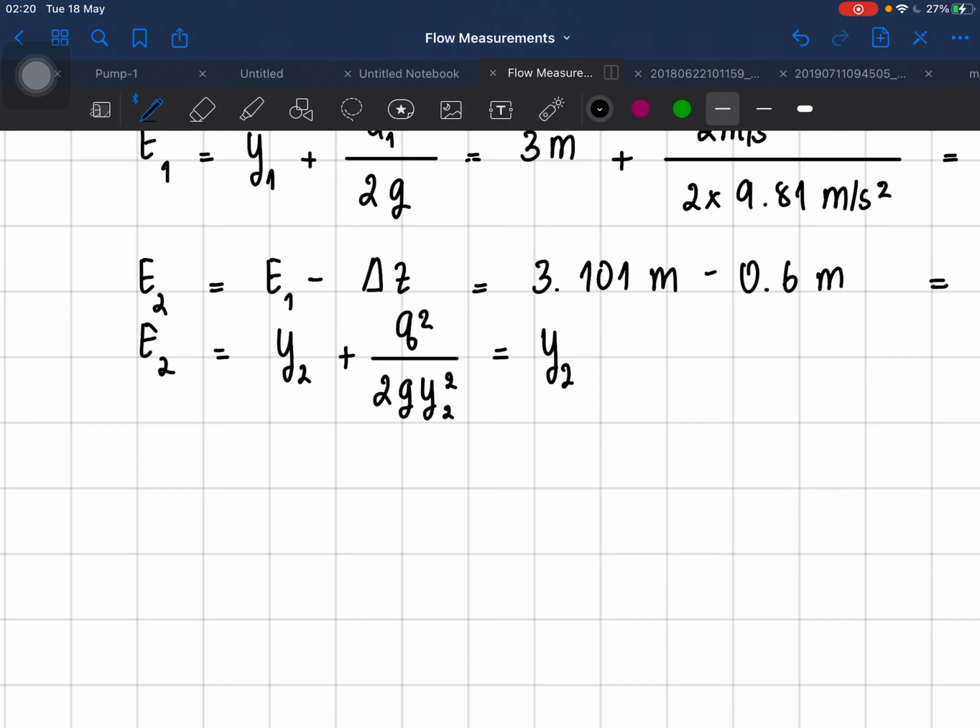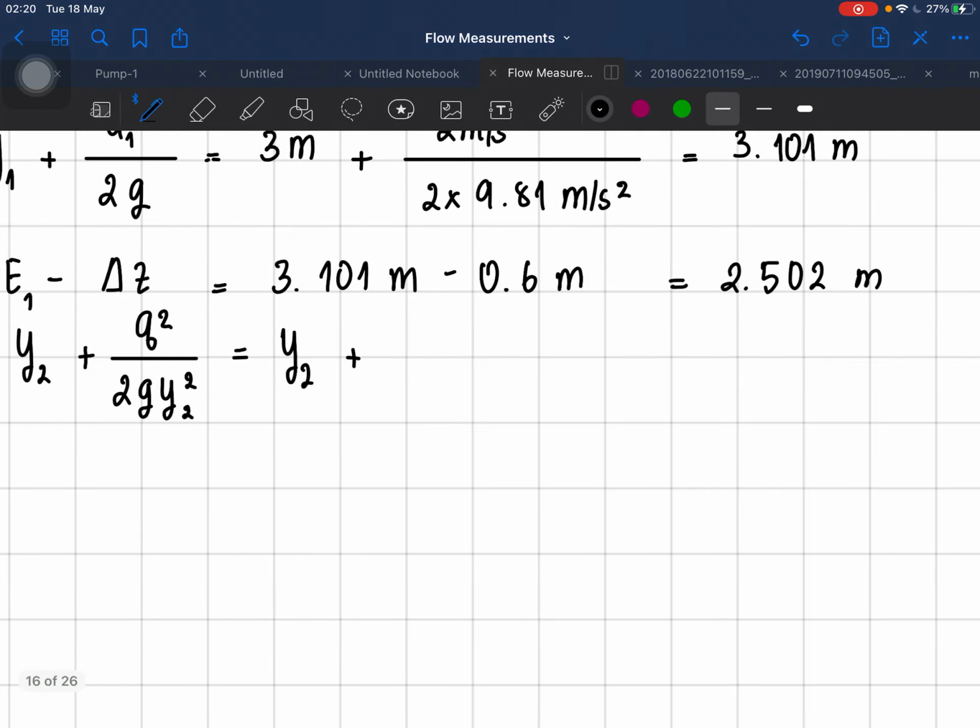So y2 is still unknown. q here, we know it, it's 6 meter cubed per second over meter, so I would say it's meter squared per second.